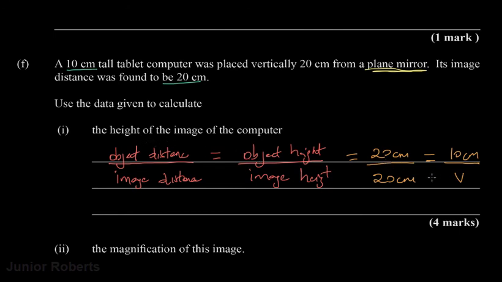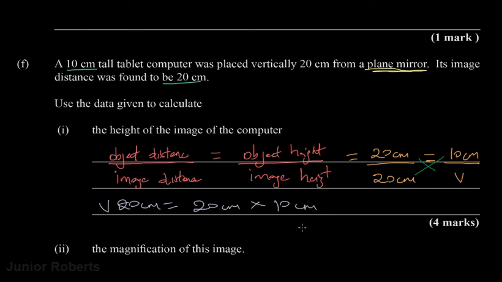Then now we can simplify this by simply cross multiplying. So we'll cross multiply and we'll get that V times 20 centimeters is equal to 20 cm times 10 cm.